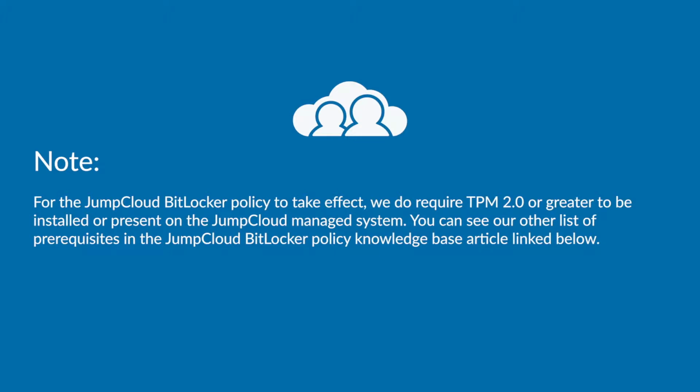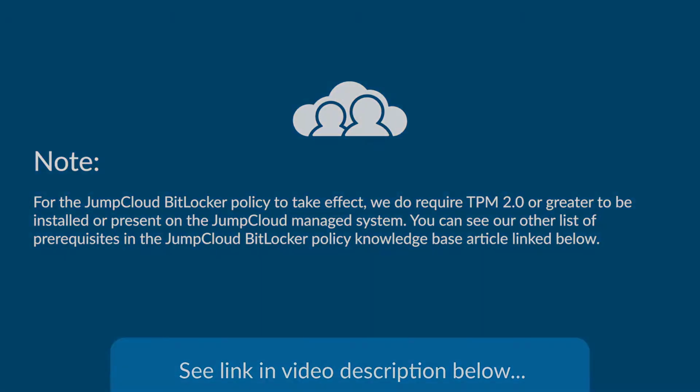Now, one important thing to note here for the policy is that we do require TPM 2.0 or greater to be installed or present on the system. You can see our other list of prerequisites on the JumpCloud BitLocker policy KB that we have linked below.